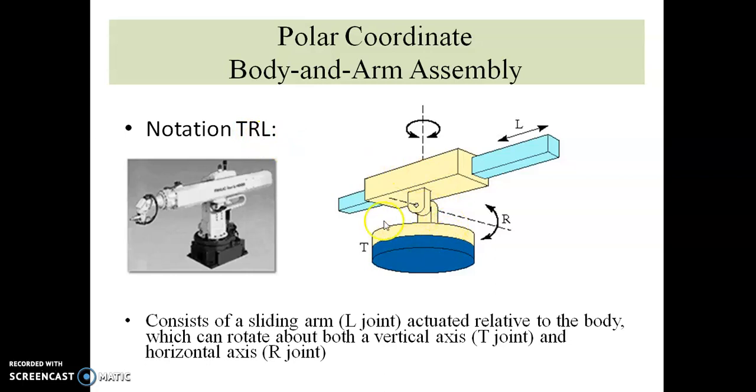This is the twisting joint, this is the linear joint, and this is the revolving joint. It consists of a sliding arm, the L joint, actuated relative to the body, which can rotate about both the vertical axis and the horizontal R joint.